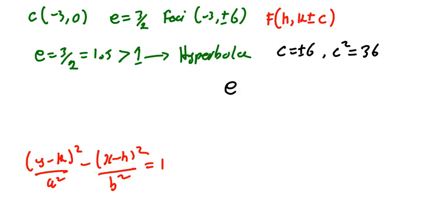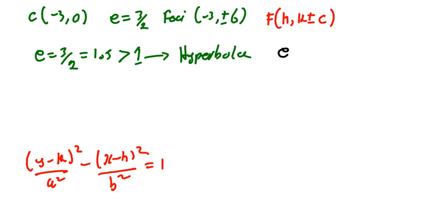Okay, so e now is equal to... should I look at it in terms of that? No. Let me not look at it in terms of this one here, because that c that I have on the focus is a result of the a and the b. So I want to look at the c in terms of the eccentricity.